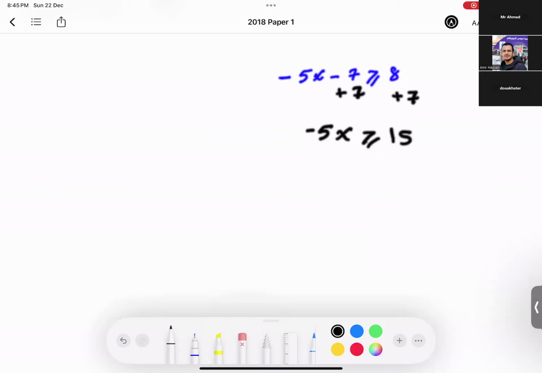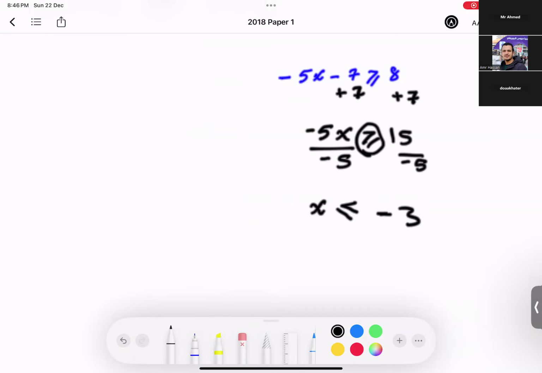But in this case, I need to divide every single side by -5. Whenever you divide by -5, this sign must change. If it was more than, you need to turn it into less than, and vice versa. Did you get it? So x less than or equal to -3.